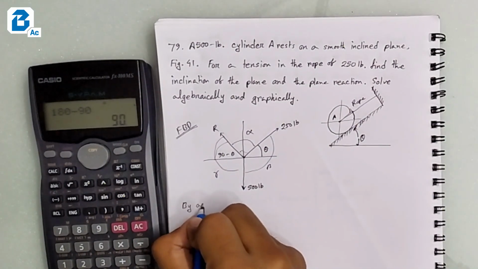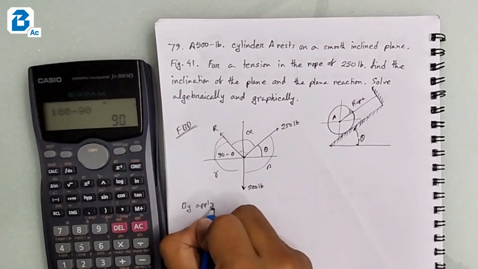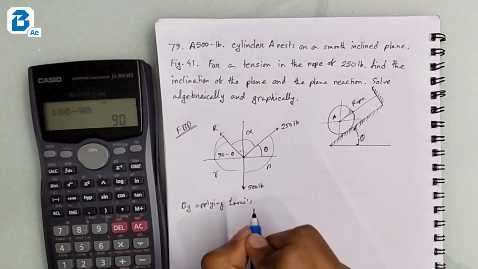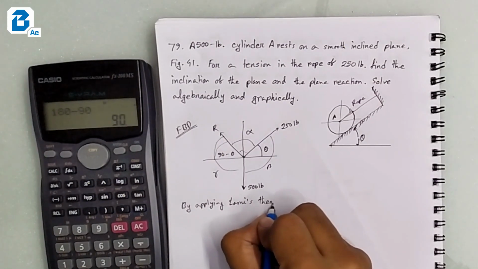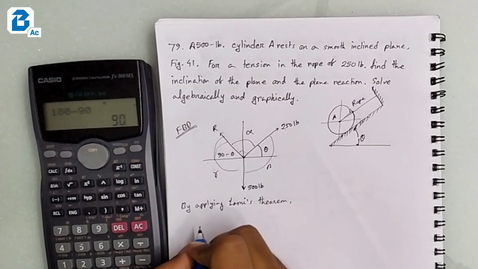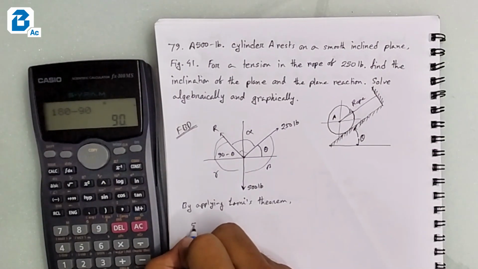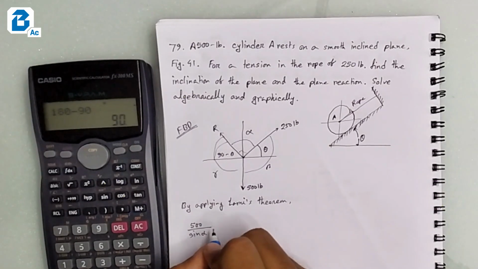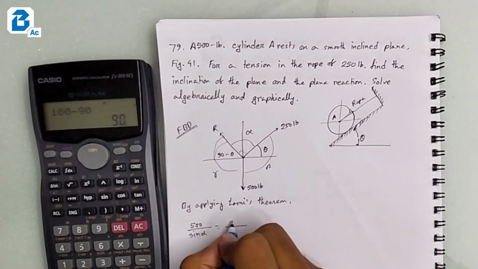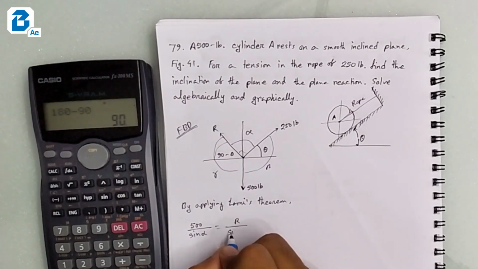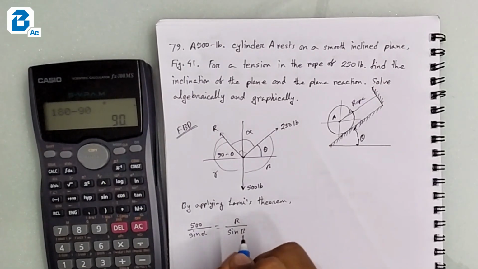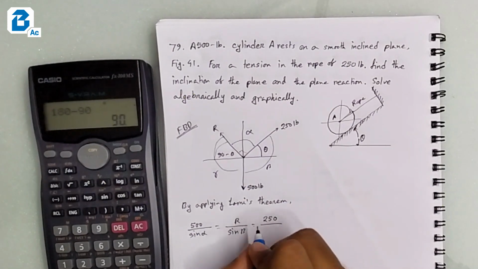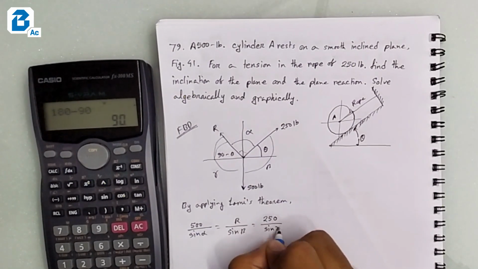By applying Lami's theorem, 500 divided by sine alpha equals R divided by sine beta equals 250 divided by sine gamma.